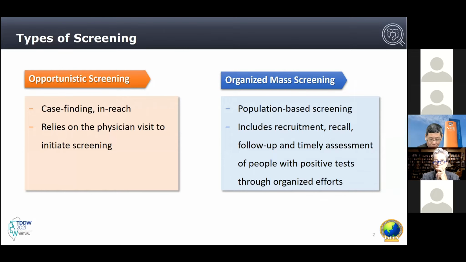So we will present the design and the implementation of colorectal cancer screening programs using the Taiwan experience as an example.